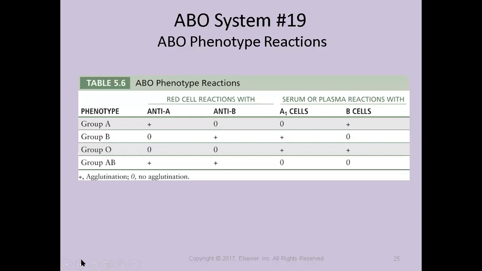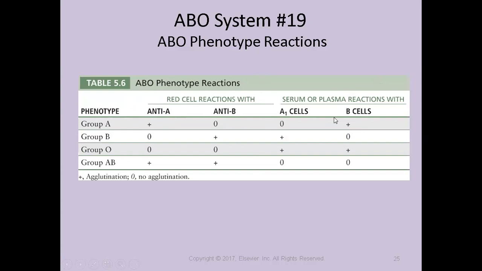So here we see table 5.6, ABO phenotype reactions, and hopefully by now some of this is making sense to you. When we have group A, they have A antigen. It's going to be positive with anti-A. What antibody does group A have? Anti-B. And anti-B should be positive with the B cells.